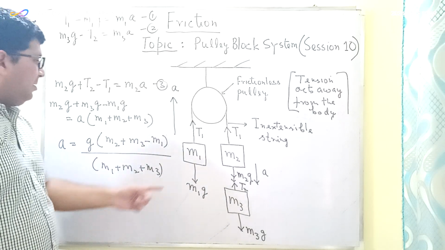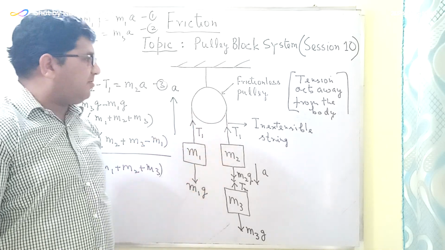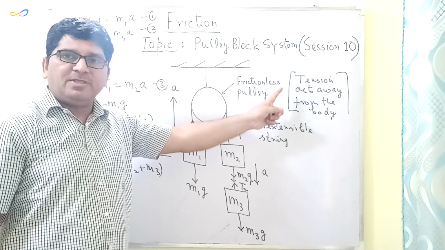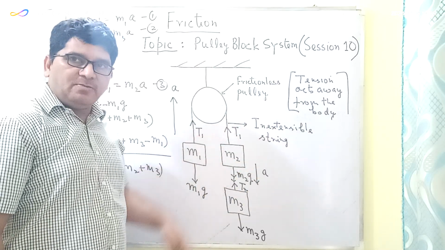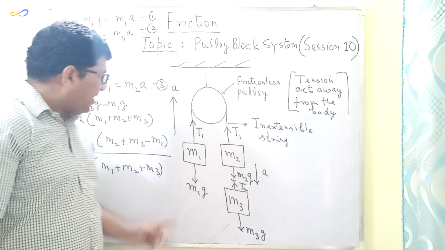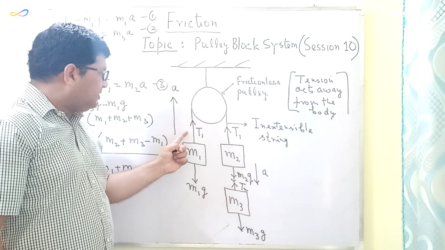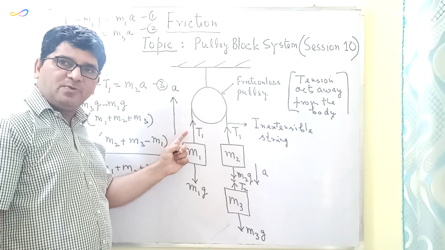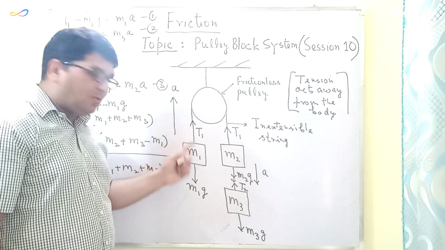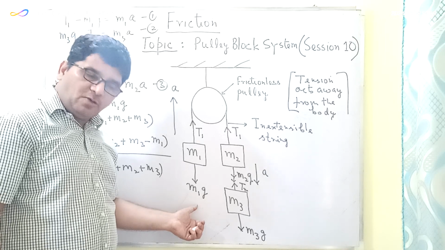So the most important thing which we all have to remember in this question is, the first point, tension always acts away from the body. The weight of the body always acts in the downward direction, and the body will move in the upward direction only when the force acting in the upward direction is more than the forces acting in the downward direction.